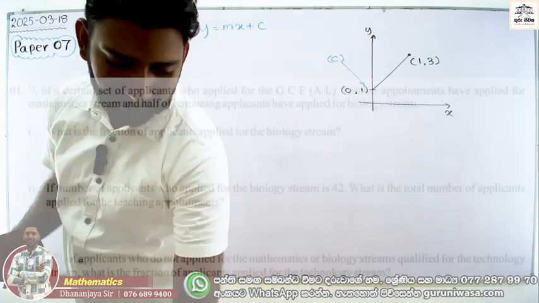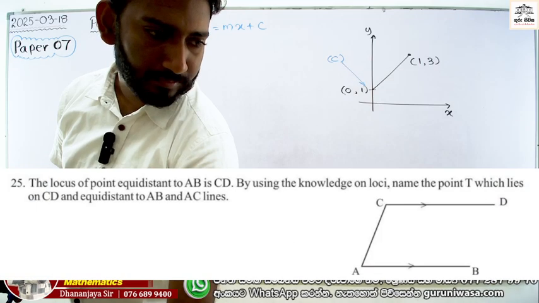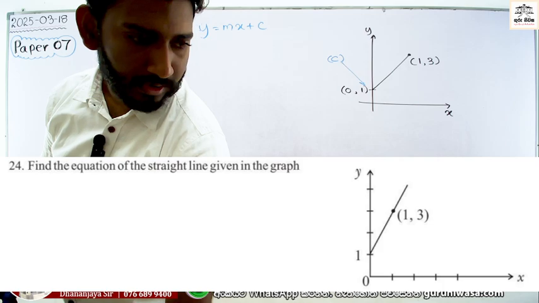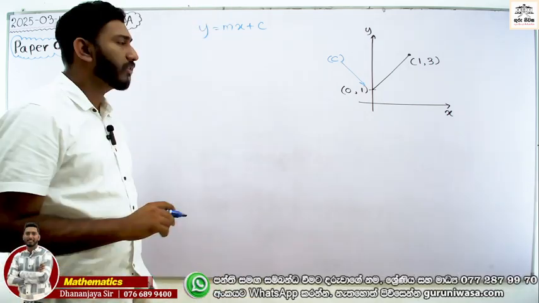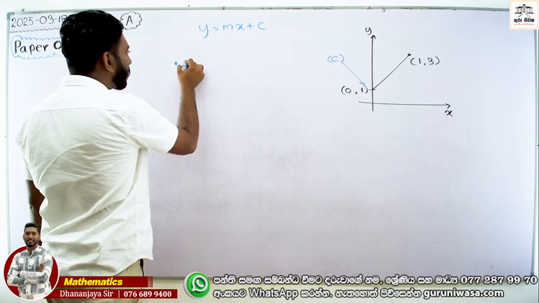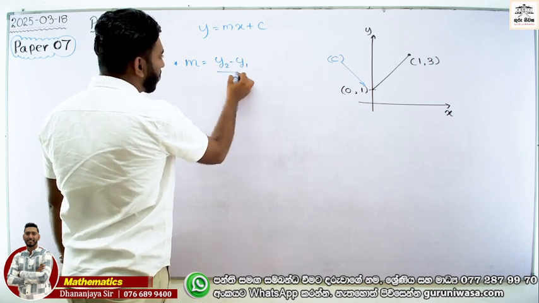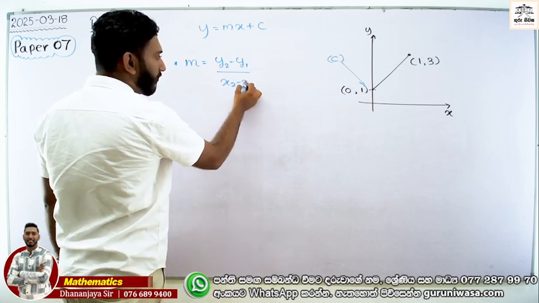And look at the question. The question is to find the equation. Right, now we can find the equation. Look at that. First we have to find the gradient. M is equal to the difference of y coordinates divided by the difference of x coordinates.